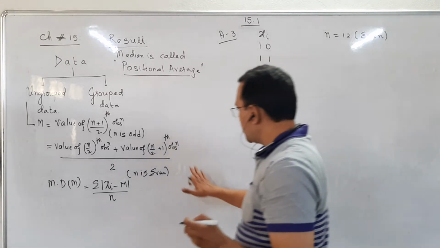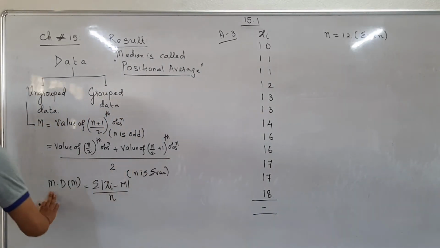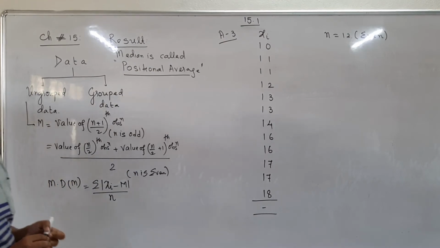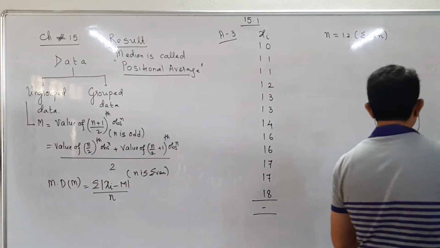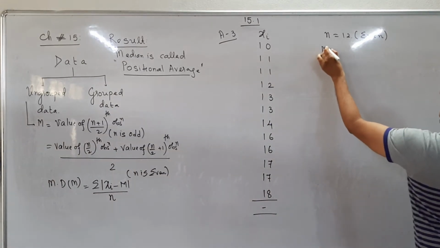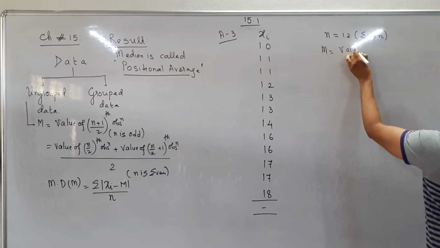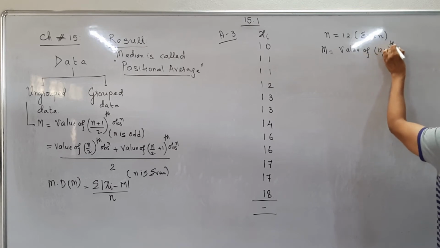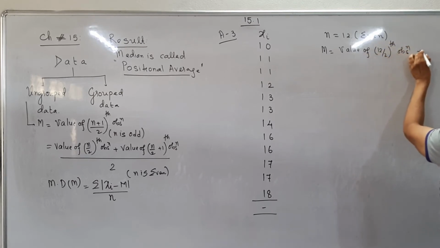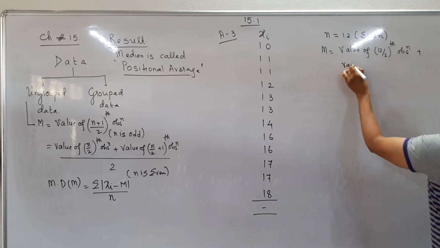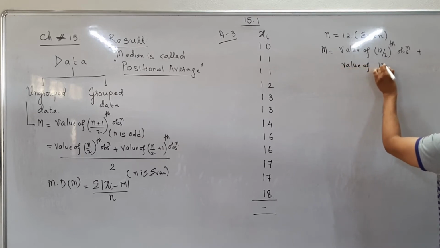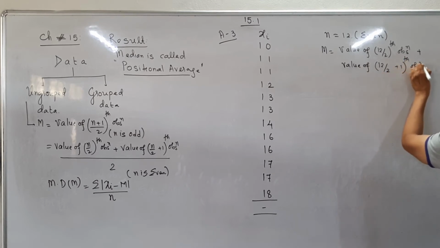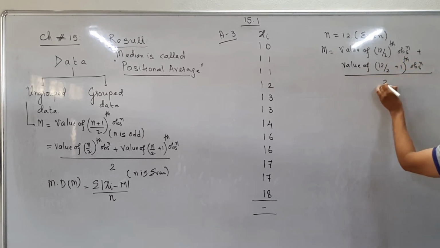So which formula to find mean deviation? To find mean deviation with respect to median, the first step, students, is to find the median. So I write median when n is even equals the value of the n by 2th observation plus the value of the n by 2 plus 1 observation, whole divided by 2.